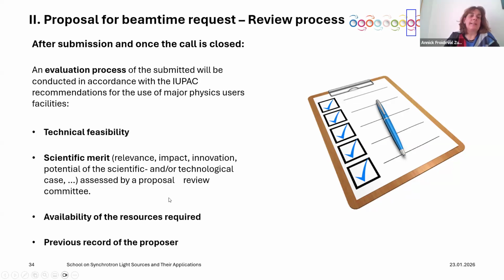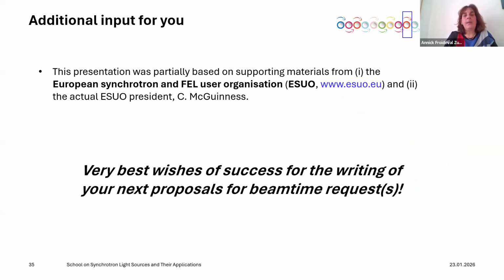They will also ascertain the availability of the resources required and the previous record of the proposer. So this is to give you some information about the review process. I hope that having all this in hand, you will be successful in writing your first or next proposal for Beamtime requests.